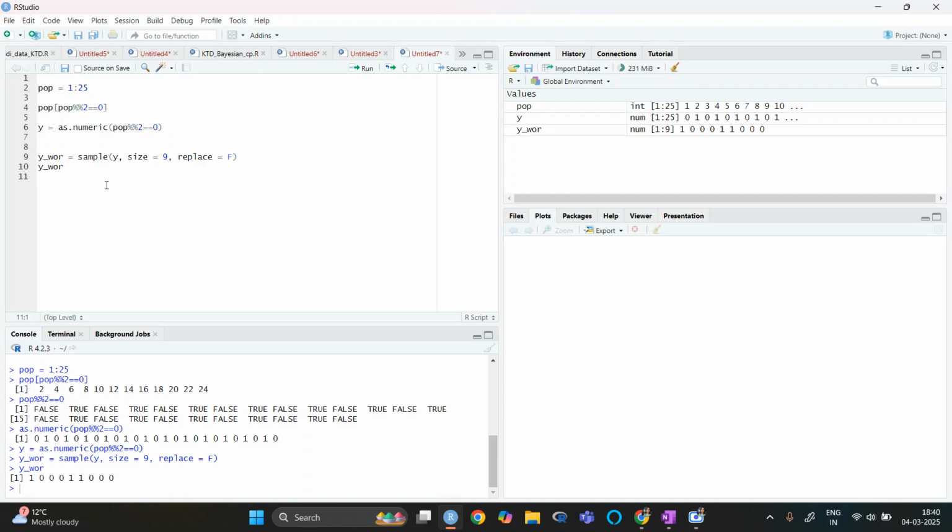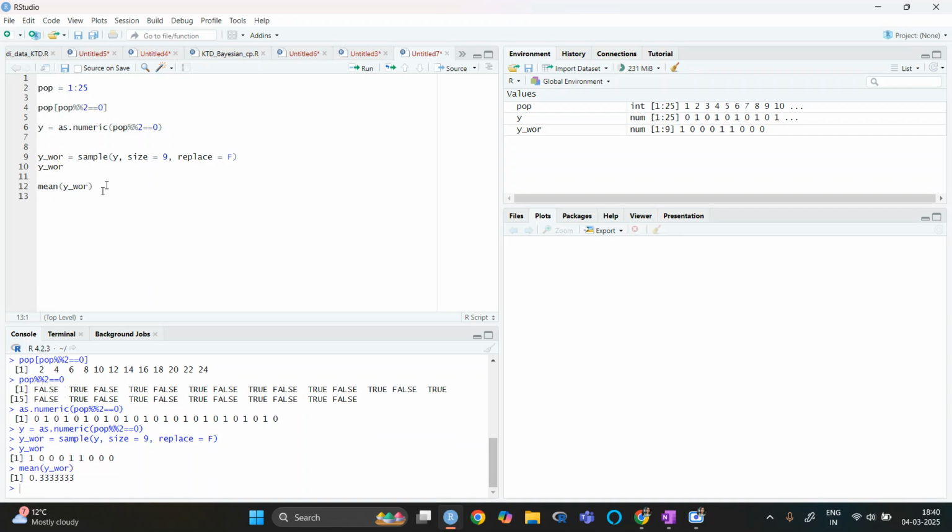So this is our sample, right? And we can do it multiple times to see other samples also. So if we take the mean of ywor, it is 0.3333. Why?